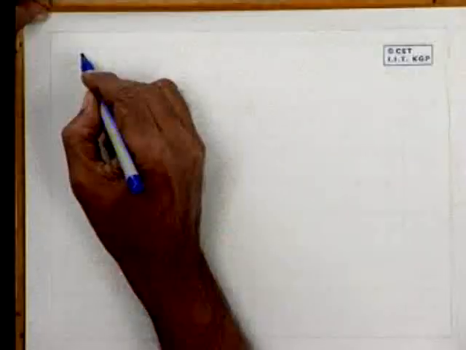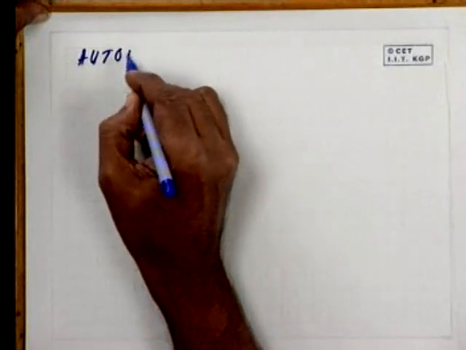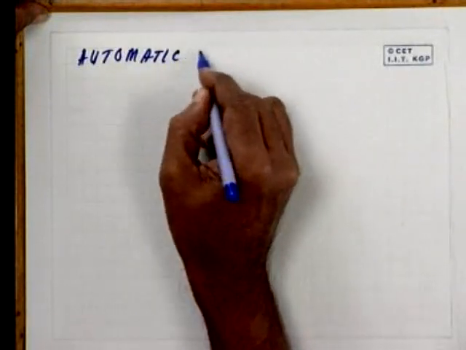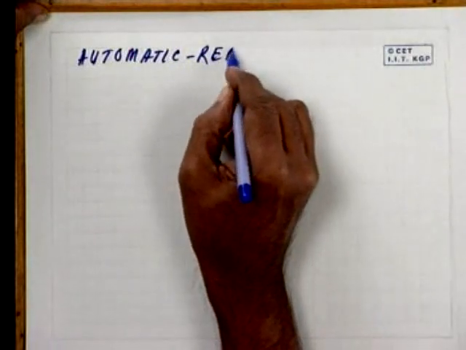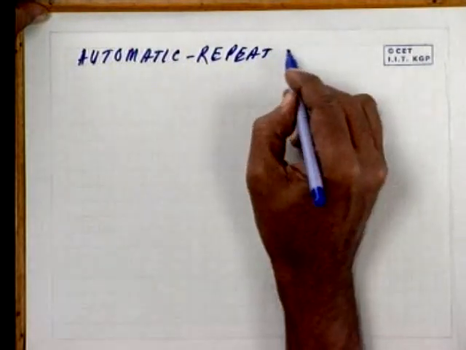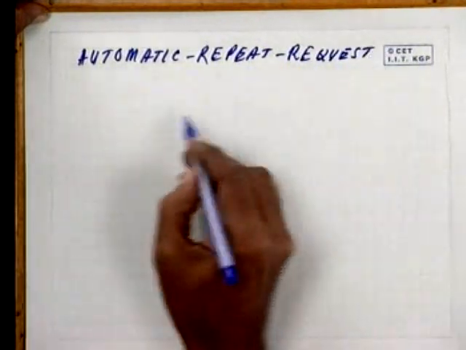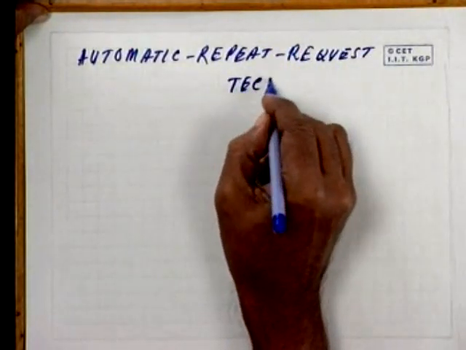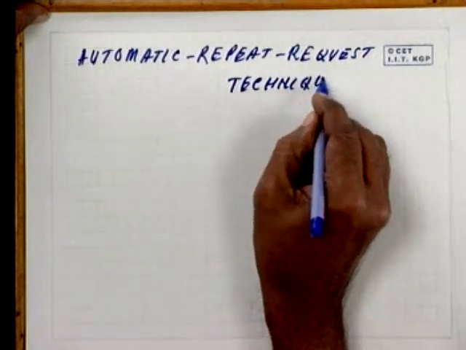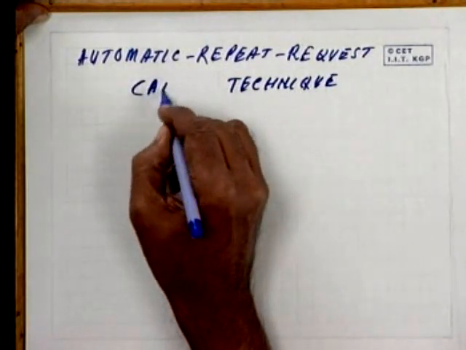And since the basic idea is to repeat a frame whenever there is error or it is lost, the techniques are collectively called automatic repeat request techniques, or ARQ techniques.